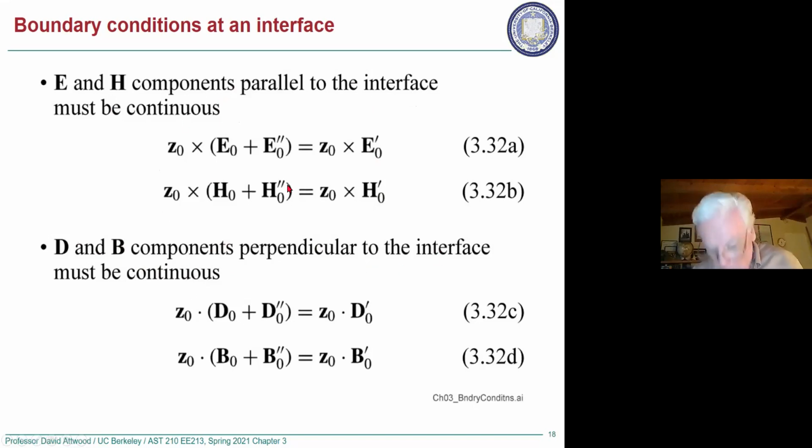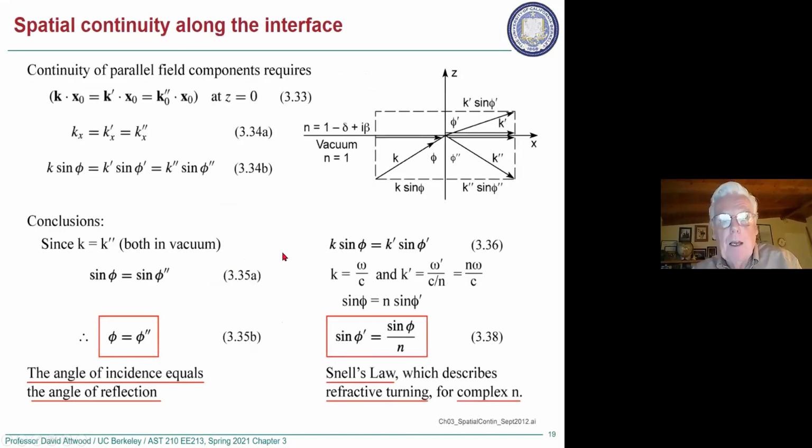We're not going to spend time on it, but if you apply those boundary conditions, you'll find that, for instance, for the continuity of the parallel fields, whatever the field is on this side, just across that interface, as small a distance as you want, those parallel components have to be equal.